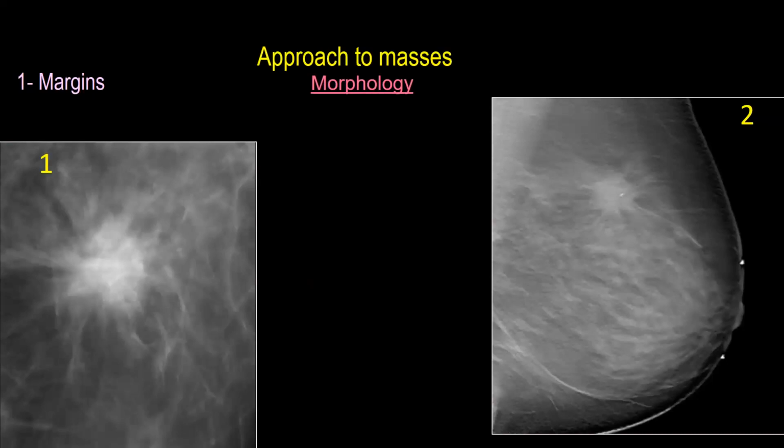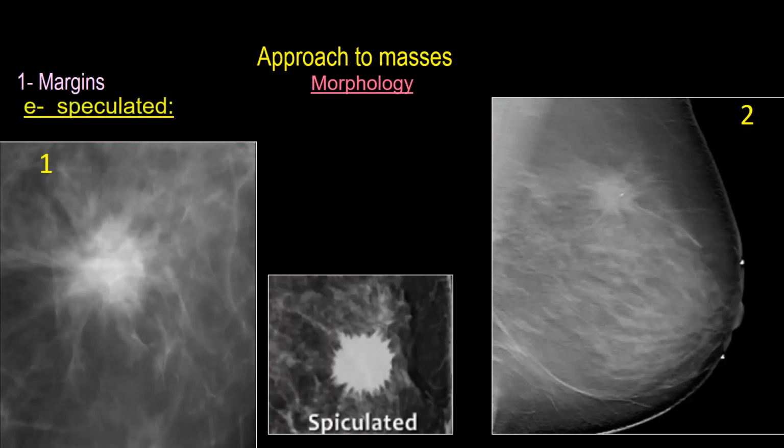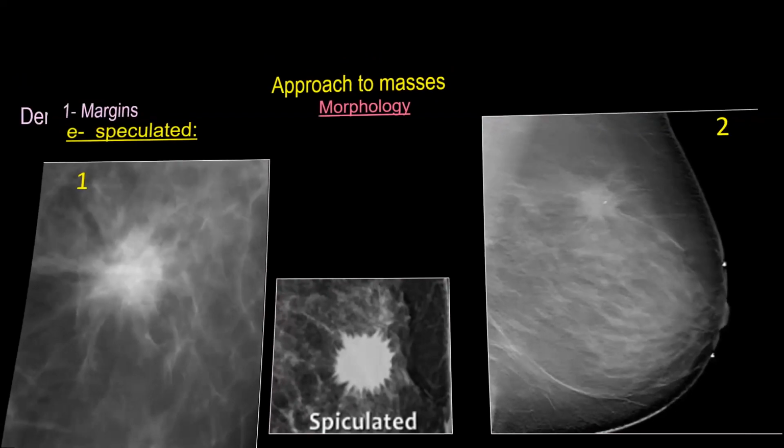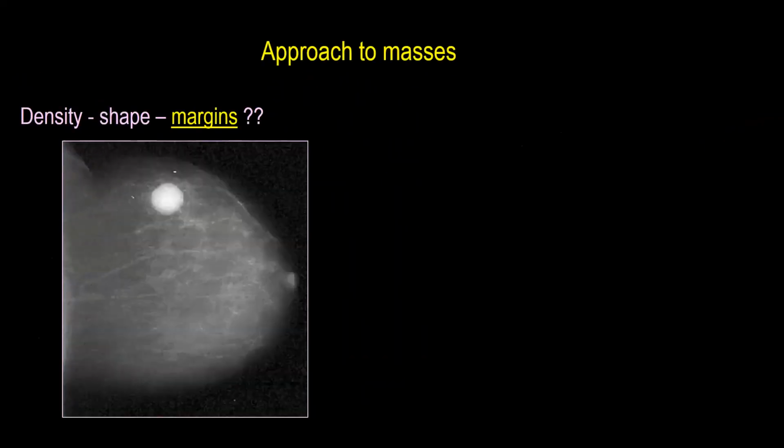Margin is straightforward. Sumaya, what about the margin in 1 and 2? Spiculated. Excellent, well done. Margin, density, shape.